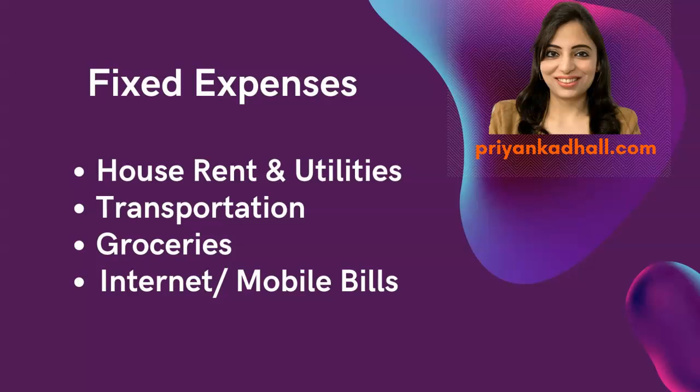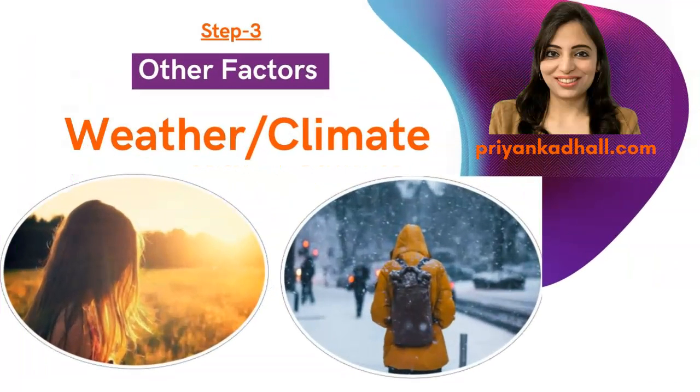You can do some research in the provinces and regions that you have shortlisted in step 2 and then just compare the cost of living. You may also want to consider the weather or climate, especially if you are coming with a family and also have kids.